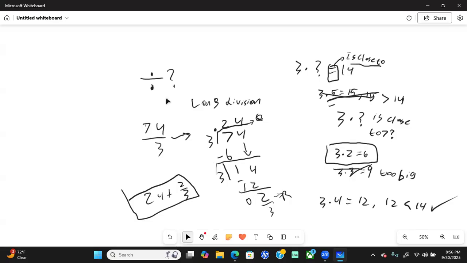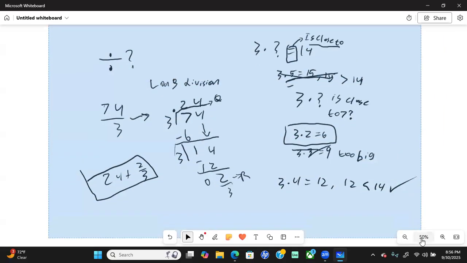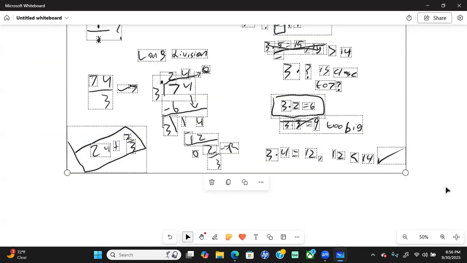Now, how does this work for polynomials? That is the question of the hour. So, polynomial long division.